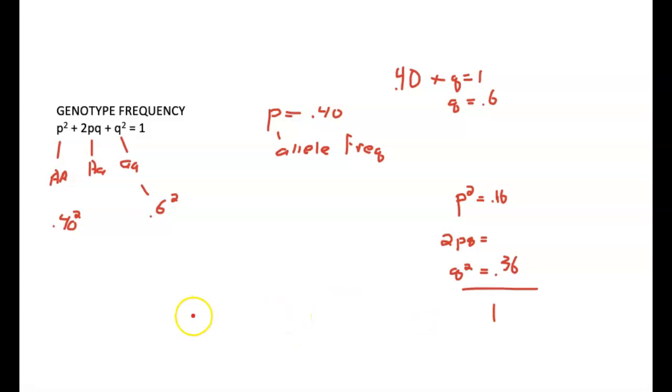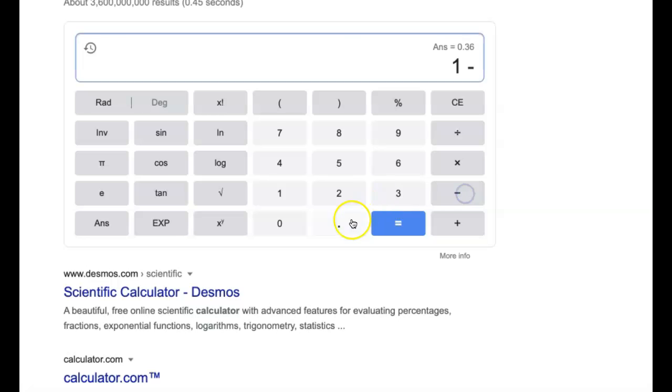You can say, okay, 0.16 plus 2PQ plus 0.36 equals 1. Do the basic algebra, 2PQ, subtract 0.36 and 0.16 from each side. So 1 minus 0.36 minus 0.16 equals 0.48.